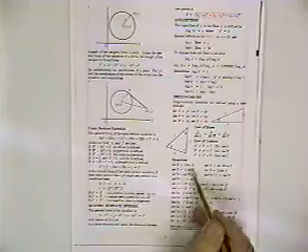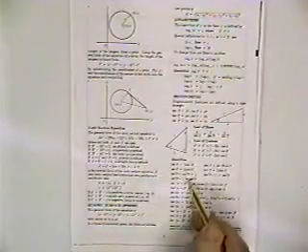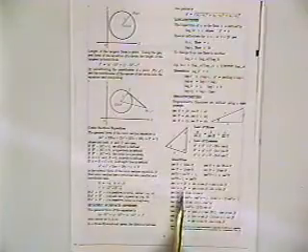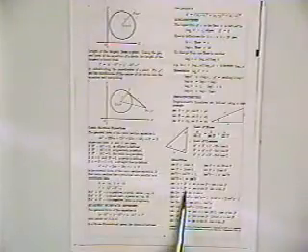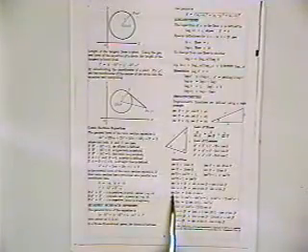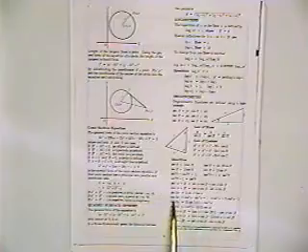This manual has a lot of trigonometric identities. Some of them are relatively obvious. Some of them are particularly useful. The sine of alpha plus beta, the cosine of alpha plus beta, the double angle formula relating the sine of 2 alpha to 2 times sine alpha cosine alpha crops up quite frequently, as does the cosine of 2 alpha.